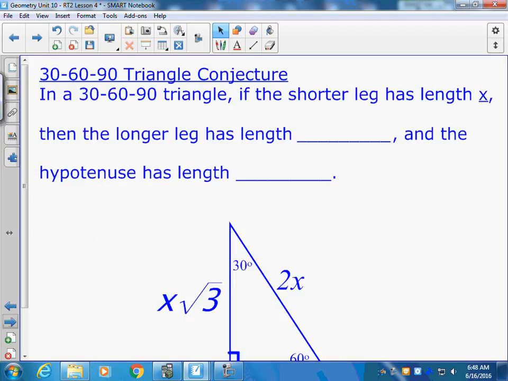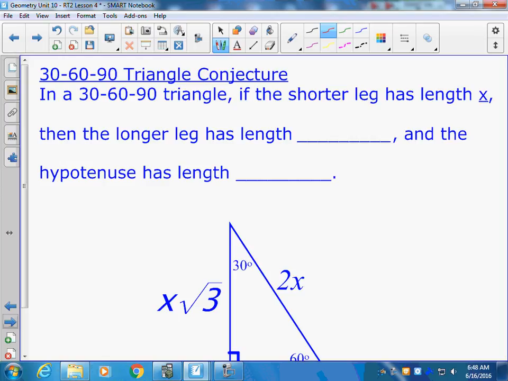Okay, so now when we look at the 30, 60, 90 conjecture, we know that this is something that's being used a lot overall. So the basic rule is that if the shorter leg length is x, we're just giving it a generic value, we'll build a reference triangle and put some values in there.